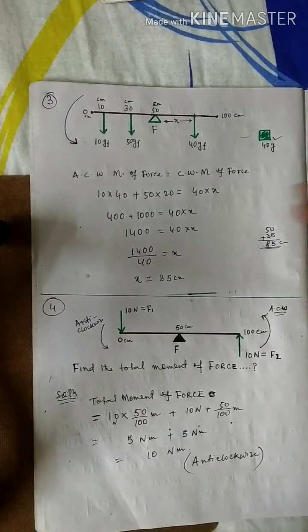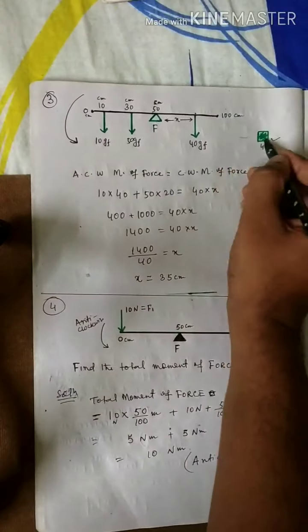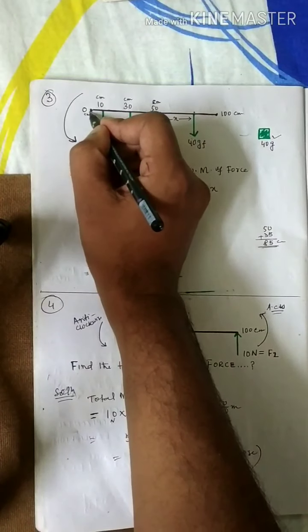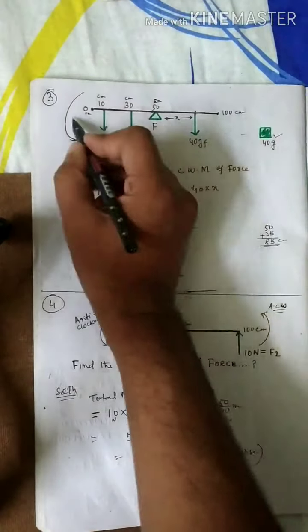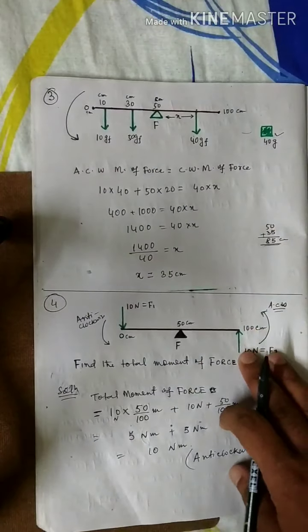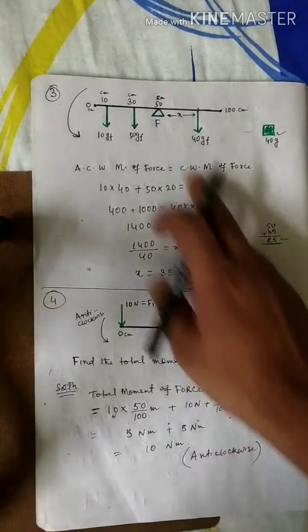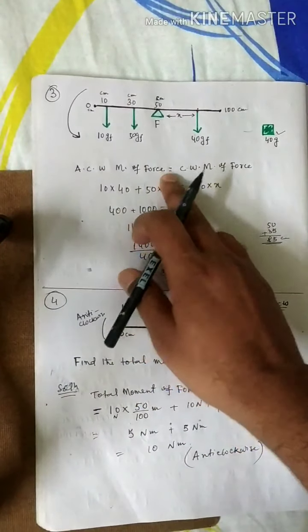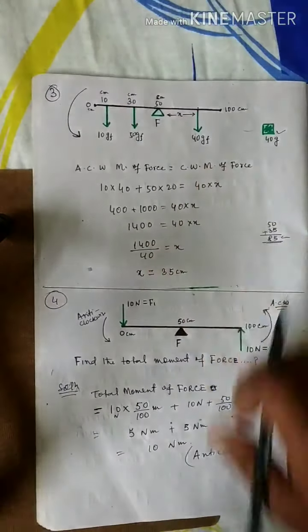After putting this load at x centimeter, we will assume that this scale is balanced or horizontal. If this scale is balanced, then it is in equilibrium condition. Then anti-clockwise moment of force is equal to the clockwise moment of force.